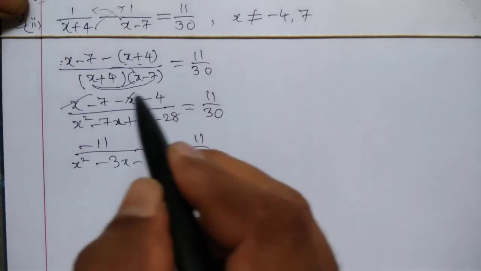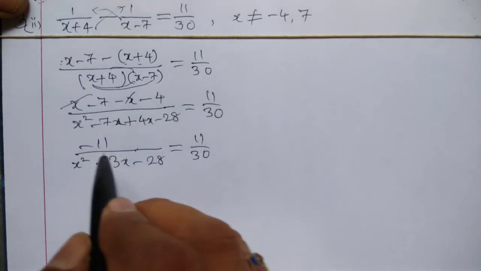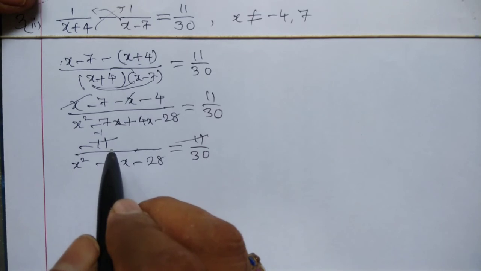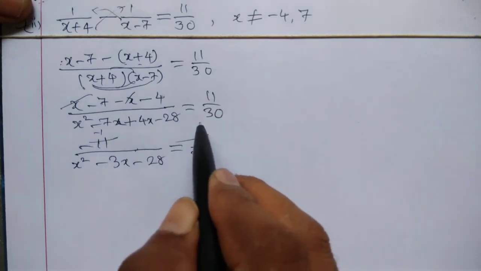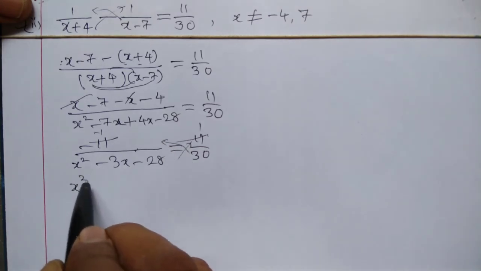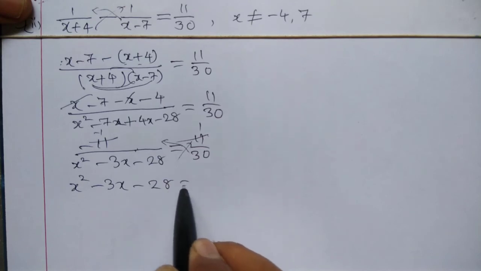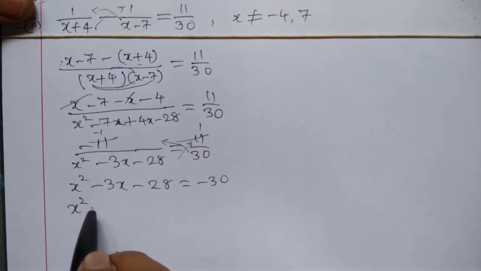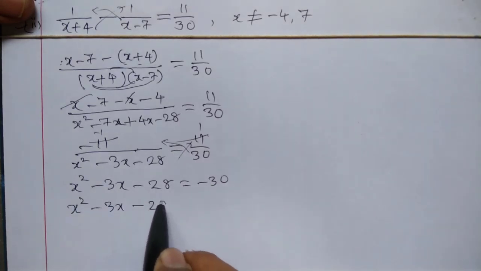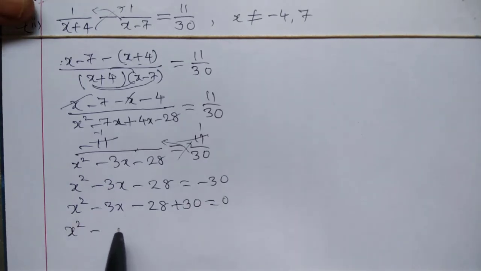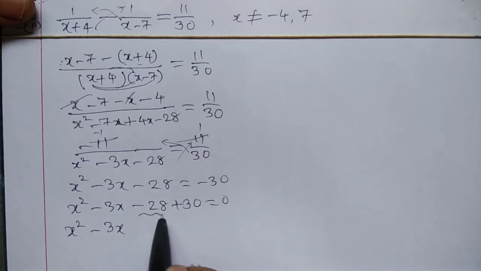We can cancel the same quantities in numerator and denominator here, but here minus 1 remains. Now cross multiply like this: x square minus 3x minus 28 is equal to minus 30. x square minus 3x minus 28 plus 30 is equal to 0. x square minus 3x plus 2 is equal to 0.